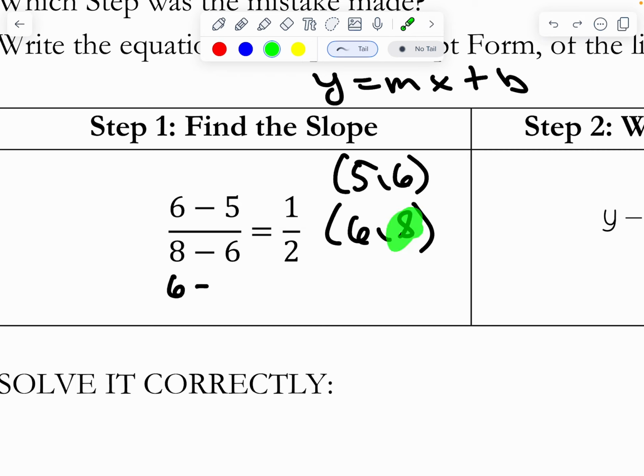So what they should have plugged in was this second y, 8. And now 5 goes here and 6 goes here. So what it looks to me that they did is, at least in our case, because we like to plug in the first y and then the second y, that they flip-flop these.